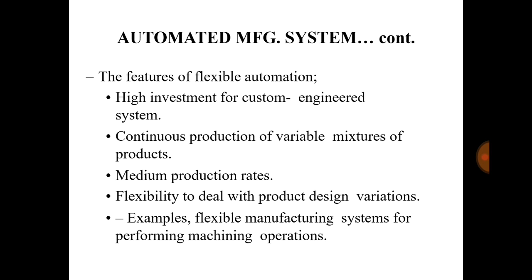The common example of flexible automation is FMS, that is, flexible manufacturing system. It will consist of an ASRS. From that ASRS you can pick the job with the help of an AGV and feed that job to different stations. So basically the flexible manufacturing system is capable of accepting flexibility or variation in the product.